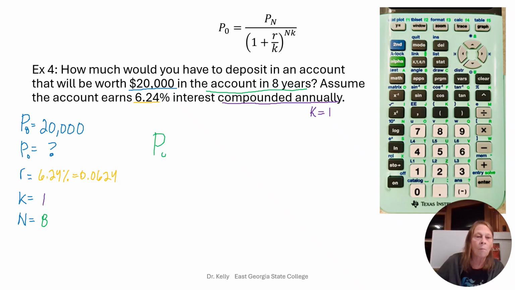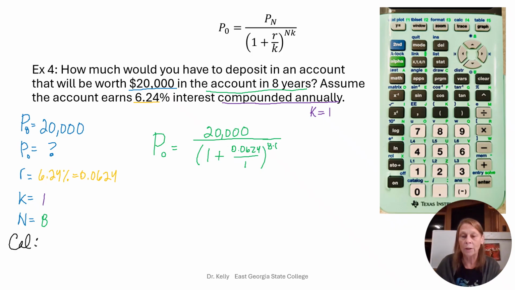So P naught is equal to 20,000 over 1 plus R, which is 0.0624 over K, which is 1, all to the power of 8 times 1. That's going to simplify things when we do our calculator steps, because we're not going to need any extra parentheses around here, since anything divided by 1 is that number.